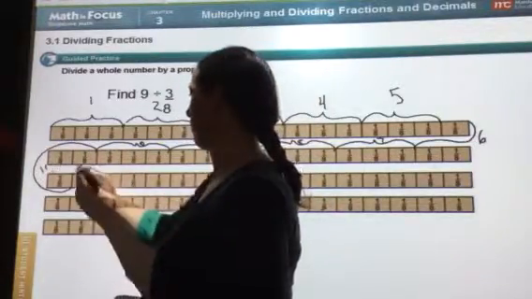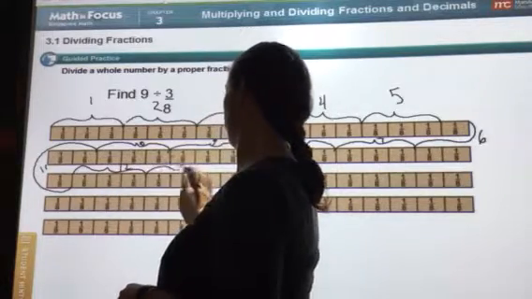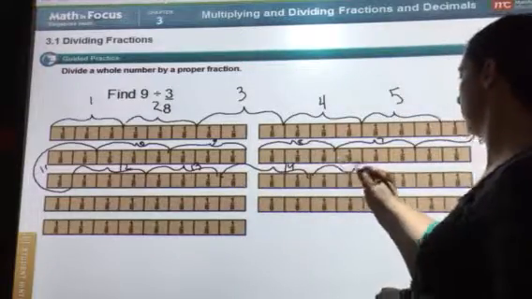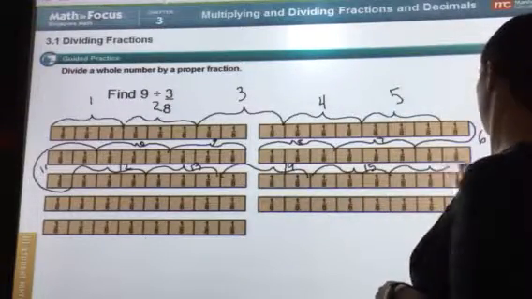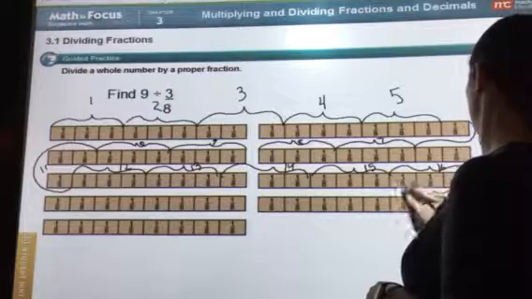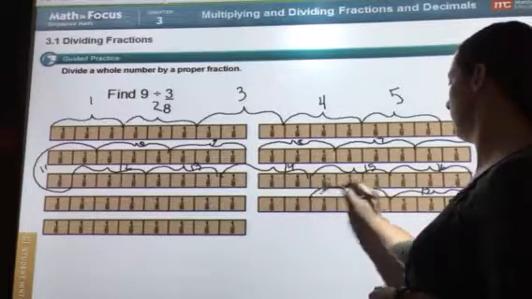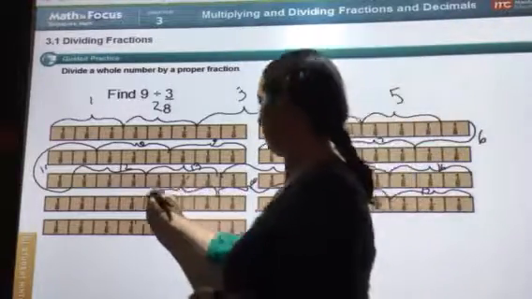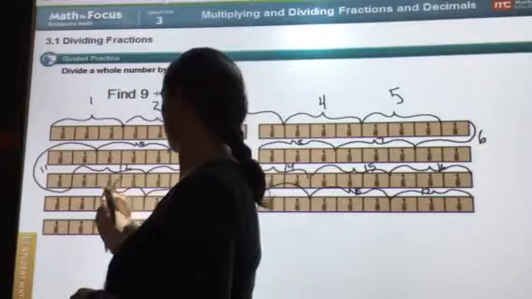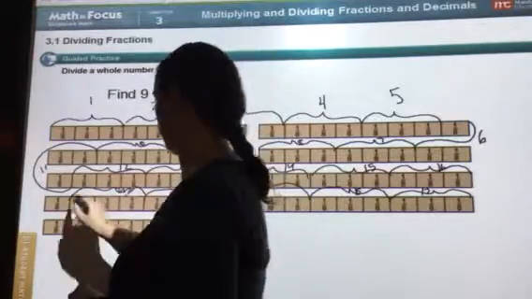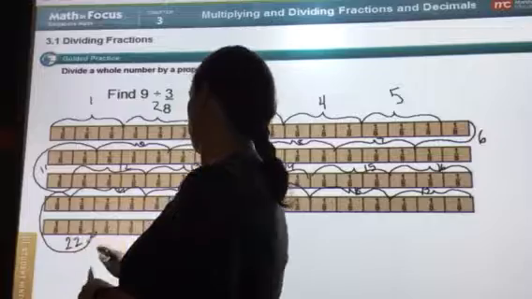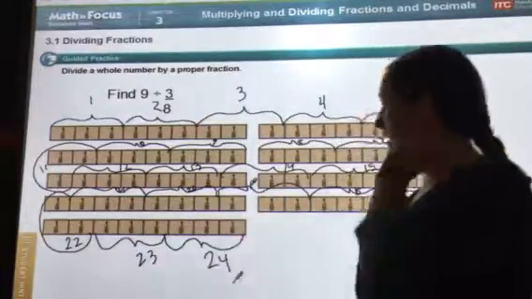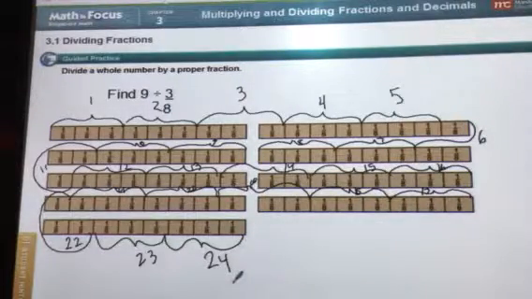That's going to be group 11, 12, 13, 14, 15, 16, 17, 18, 19, 20, 21, 22, 23, and 24. So this one I didn't have any remaining.